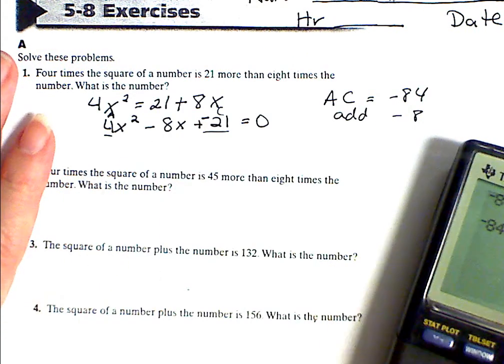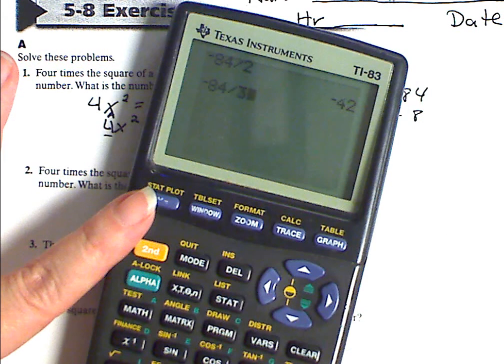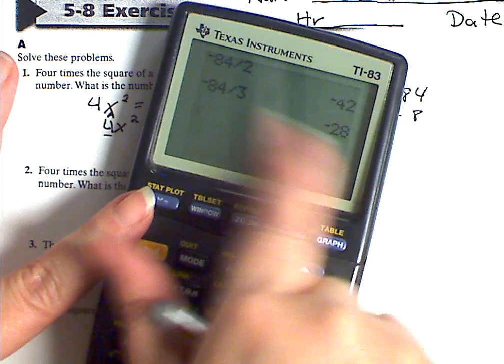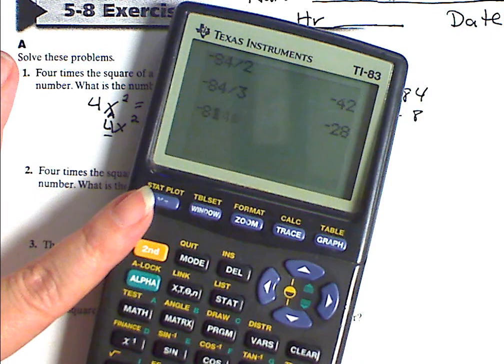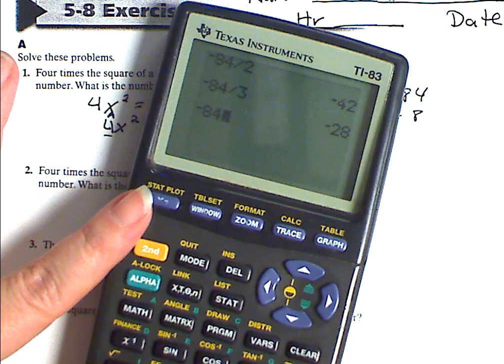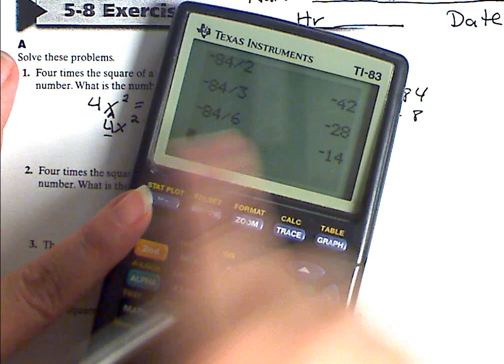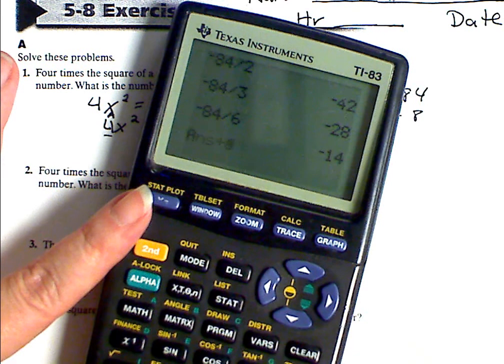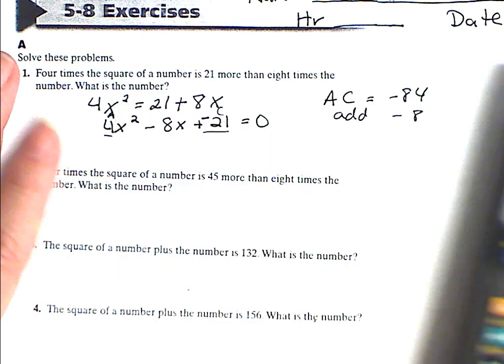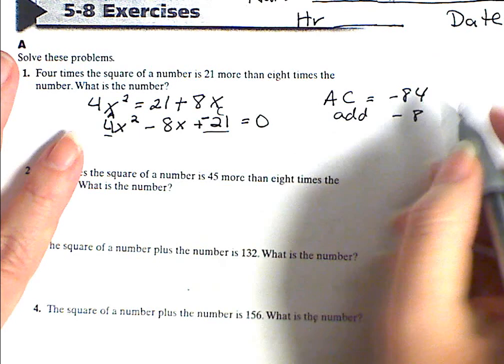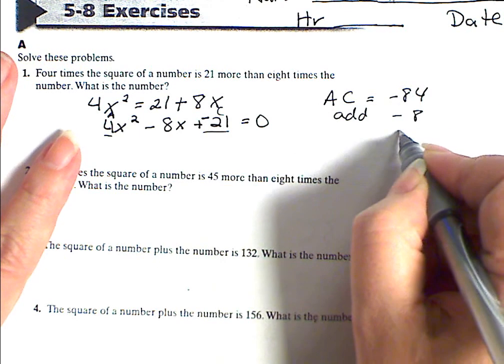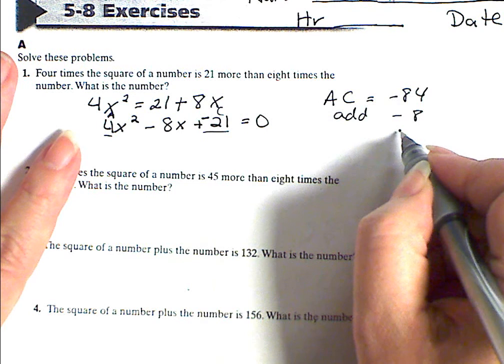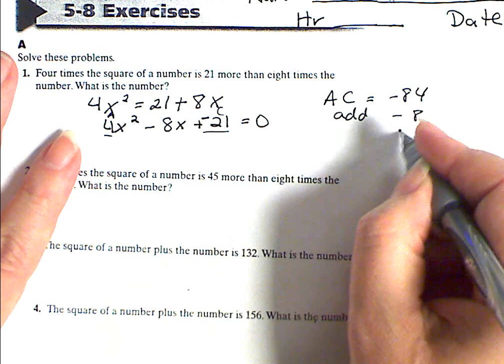So 3 doesn't work, still not right. So negative 84 divided by 6, and you would go 3, 4, 5 until you get to it. So what 2 numbers are we using? 6 and negative 14.